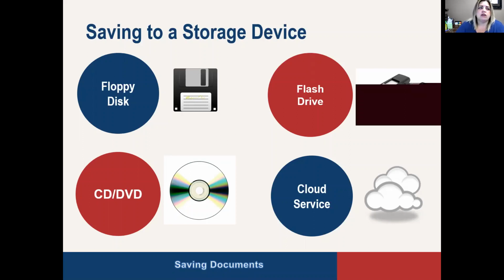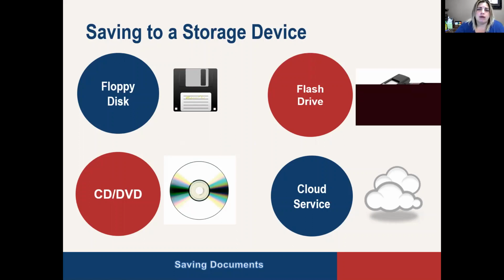So let's start with saving to a storage device, because anytime you type a document, you're going to probably want to save it somewhere. And this could also be pictures too. It doesn't necessarily have to be a document. So any type of item that you might be saving, you can save to these devices, or methods rather.